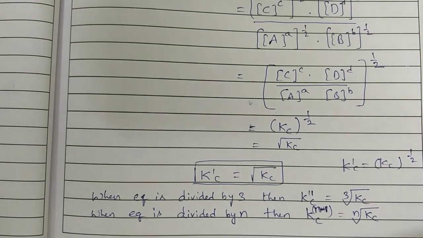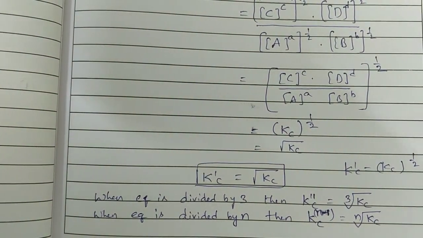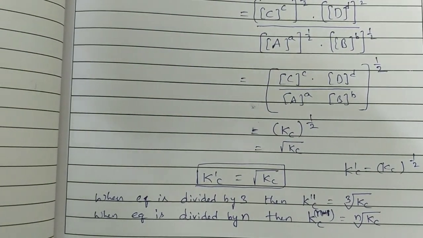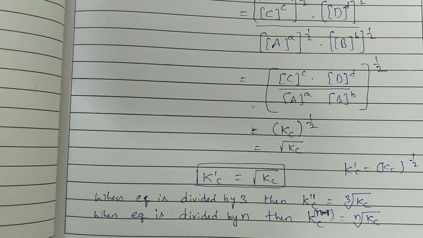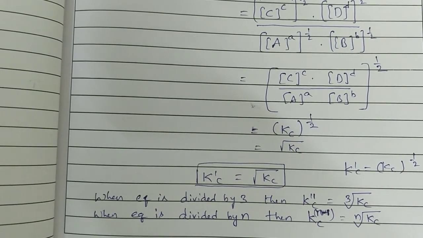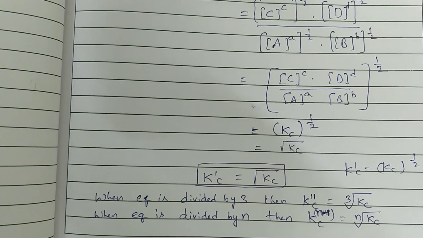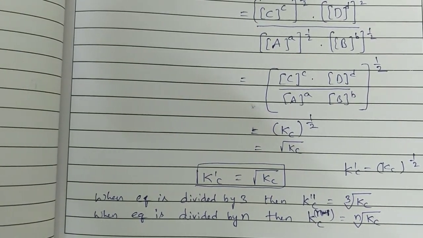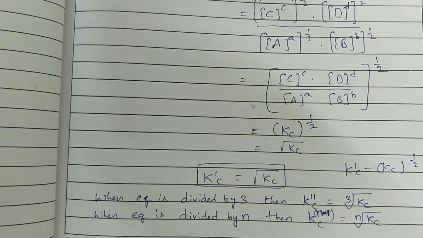These are the applications related to Kc value, 1 and 2. When we reverse the equilibrium, taking the products initially, then the equation also becomes reciprocal. In that condition, K dash c is equal to 1 by Kc, or Kc is equal to 1 by K dash c. Already we have seen that one.